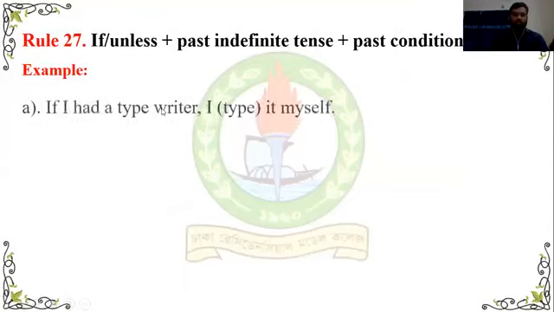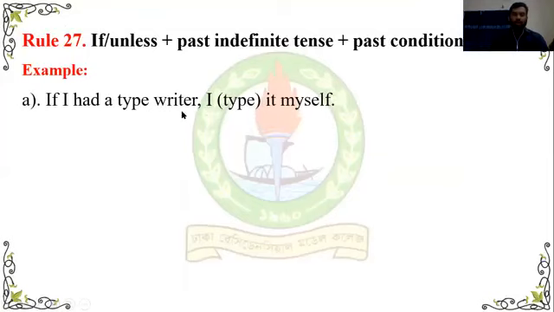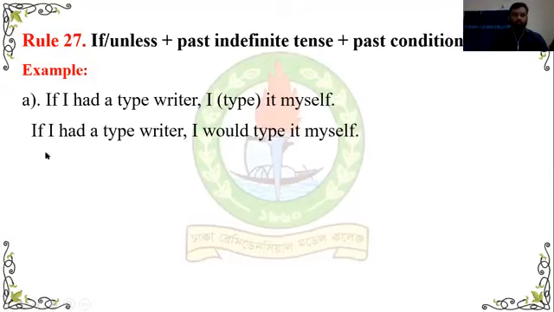For example, if I had a typewriter, here you see the verb is in the past indefinite form. So the next clause we have to make into past conditional form. If I had a typewriter, I would type it myself.